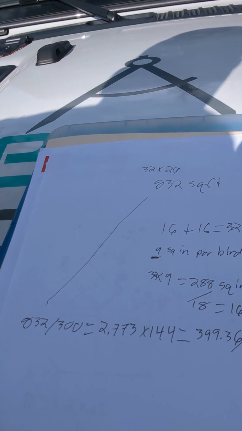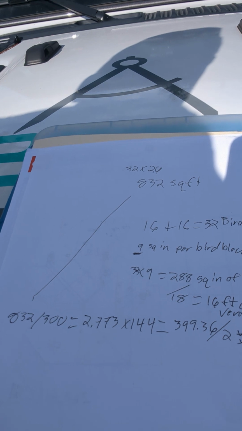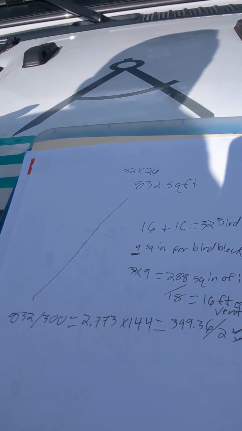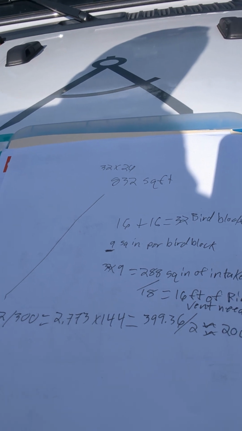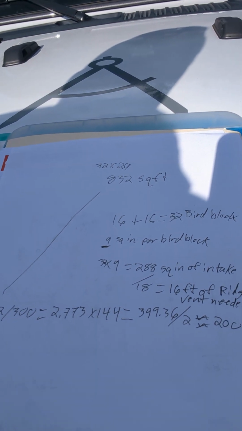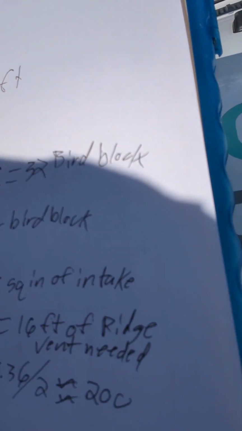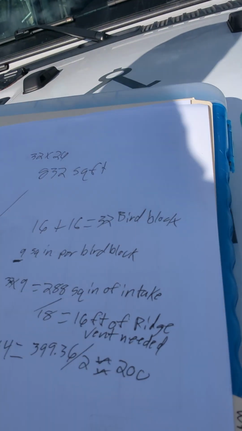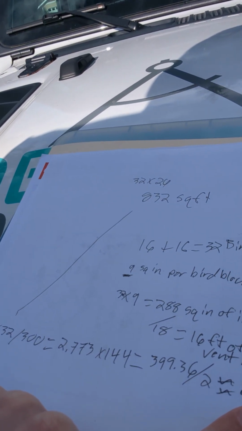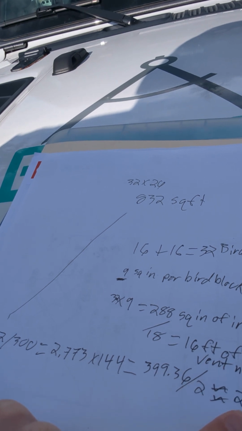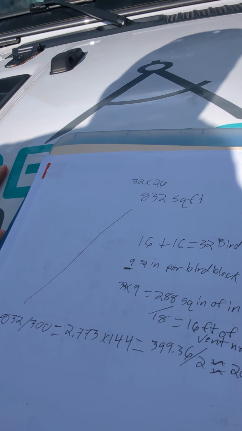So multiply that by 144. That equals 399.36 square inches. Again, rounding on the conservative side. We then divide that by 2. And that gives us our square inches of required ventilation for intake and exhaust. That's why we divide it by 2: it will give us how many square inches we need for intake and how many square inches we need for exhaust to be balanced and up to that 1 in 300 ratio.